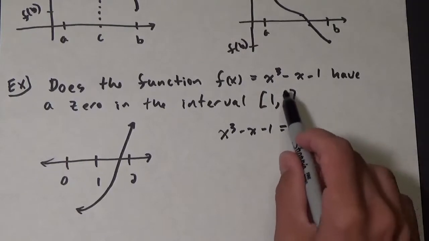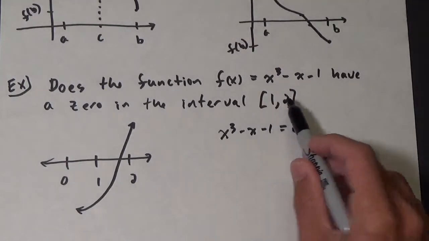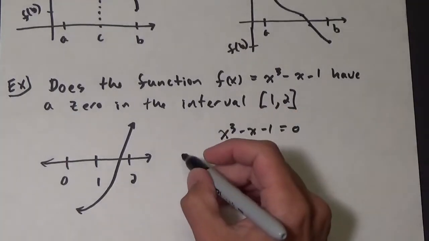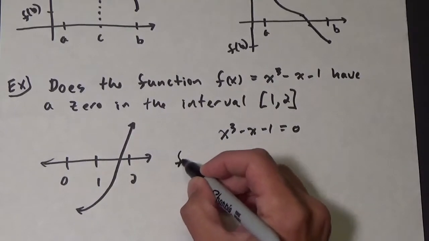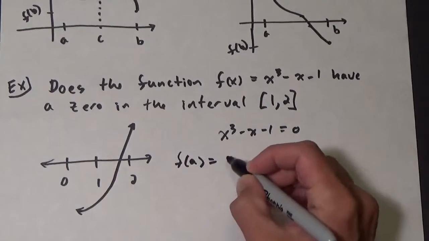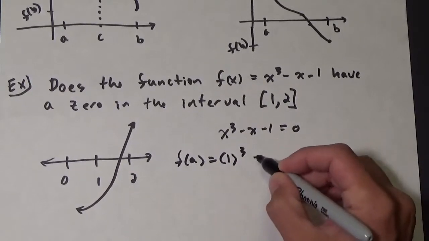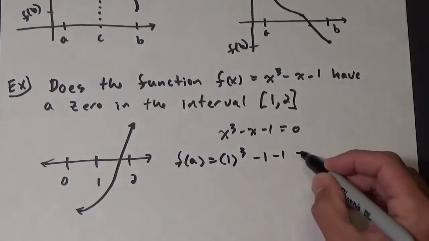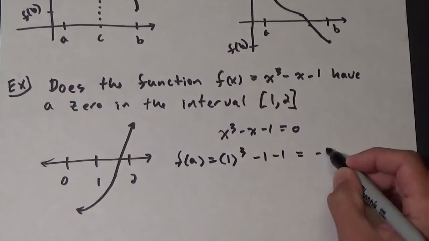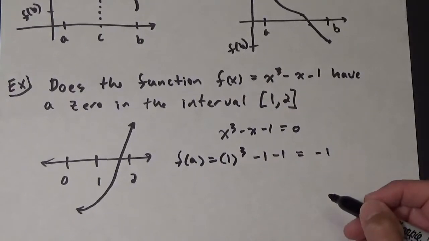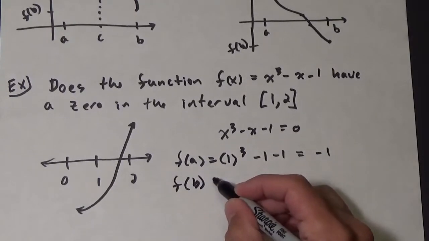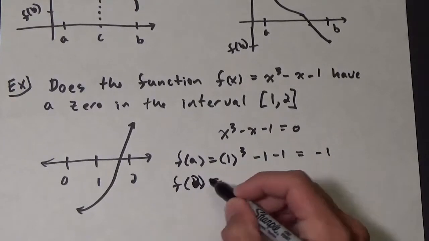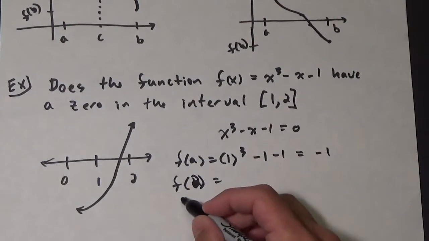And this one's not so bad because it gives us an a and b, so we just put in f of a and f of b. So f of 1 is 1 cubed minus 1 minus 1, which is negative 1. F of 2, so this should be a 2.